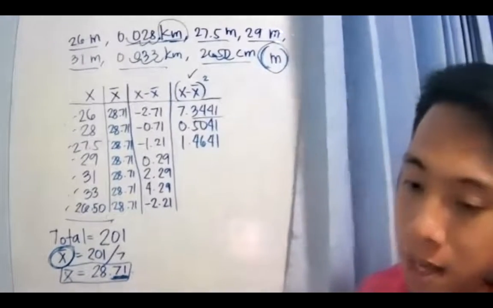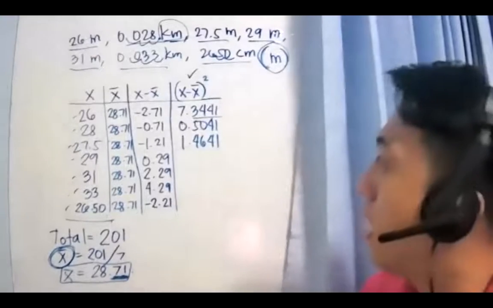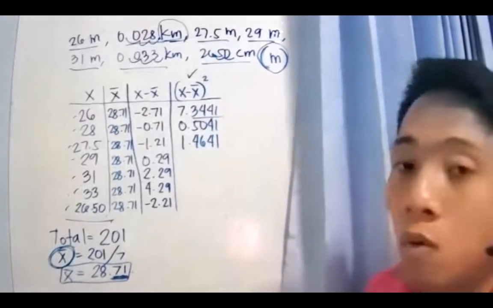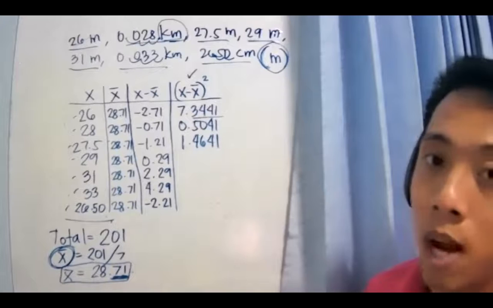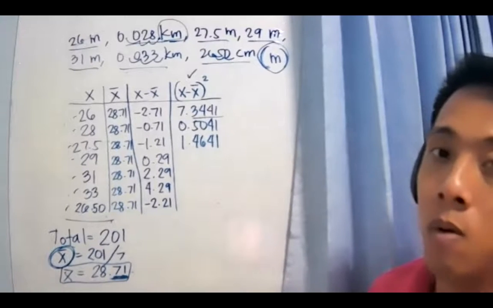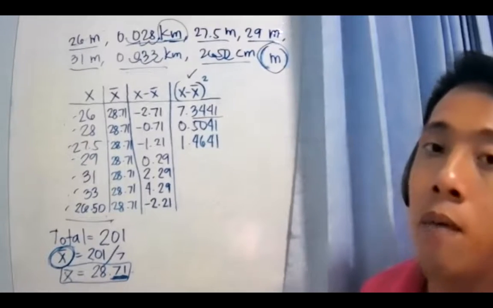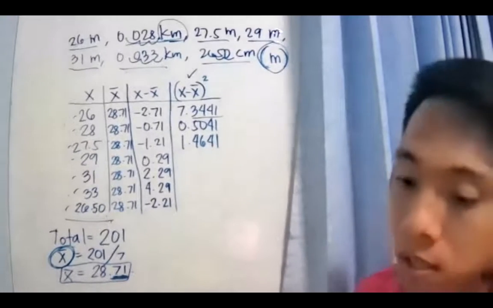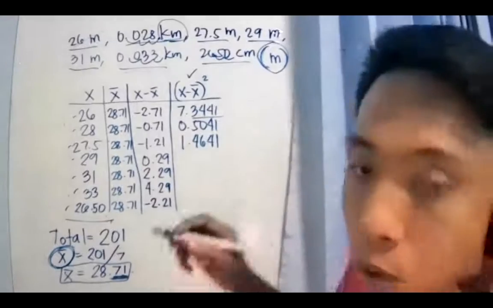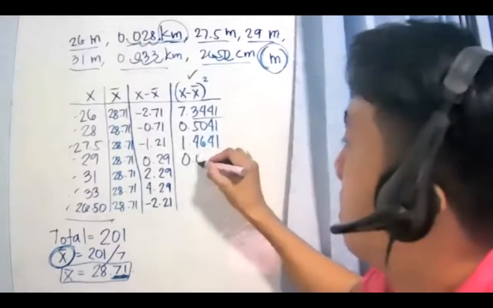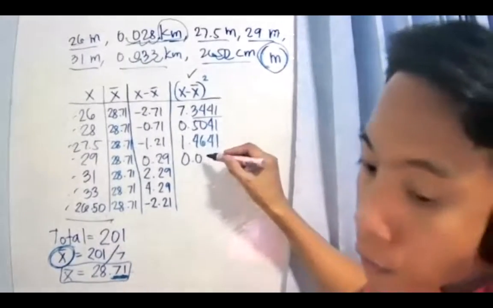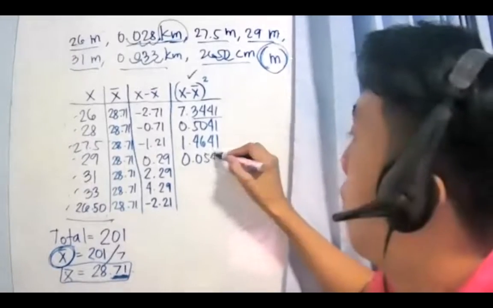Okay, next, 0.29 squared. Your time starts now. Okay, 0.29 squared is 0.0841.